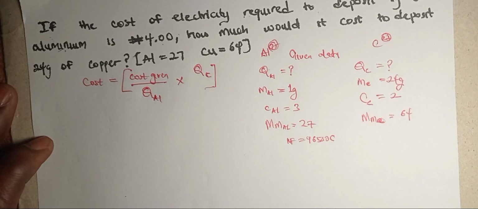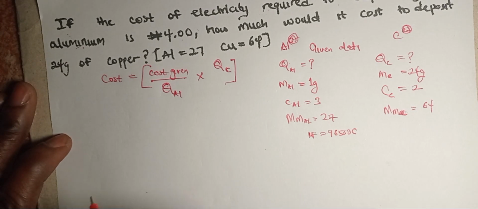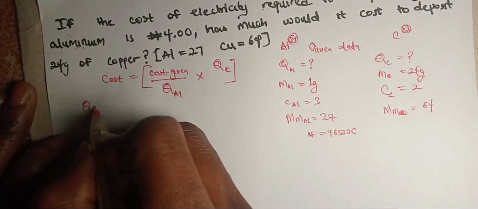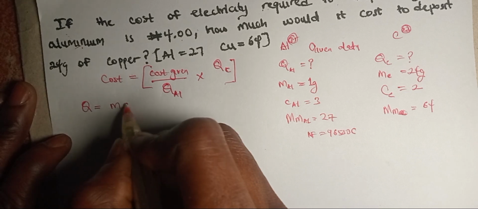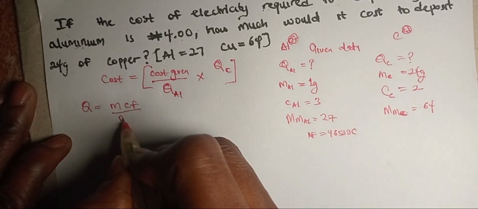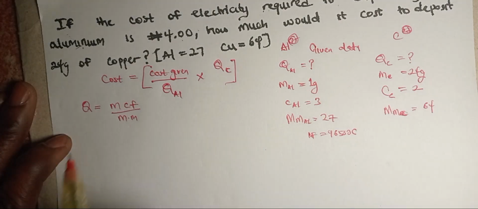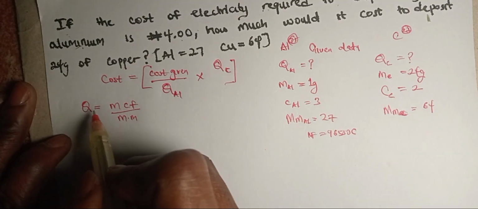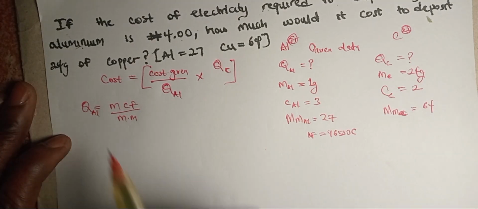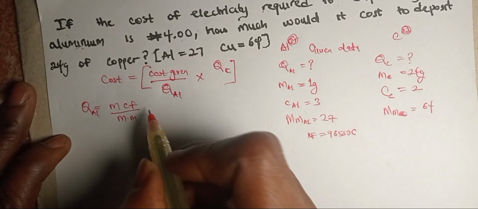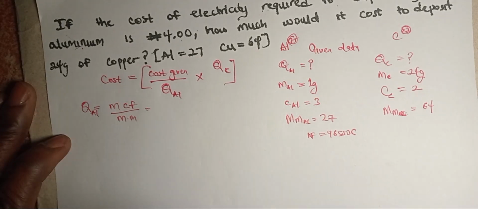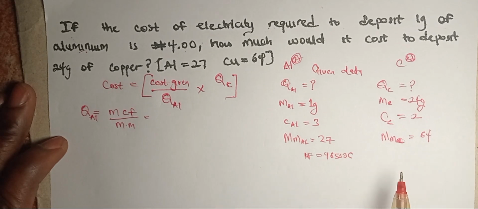After we have done that, we now begin with our electrolysis formula, which is Q equal to MCF upon molar mass. Let's first do it for the aluminium so that we can get the Q for the aluminium. This is the formula that you can use to calculate any electrolysis problem.